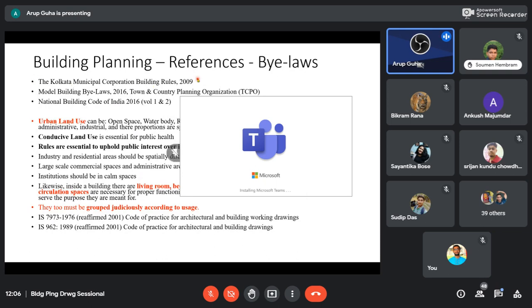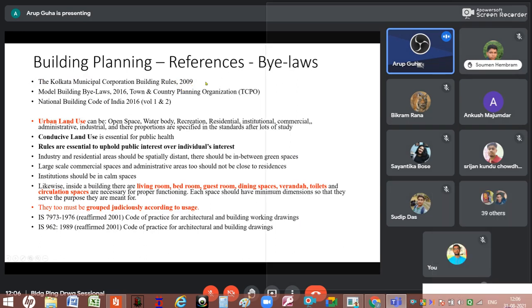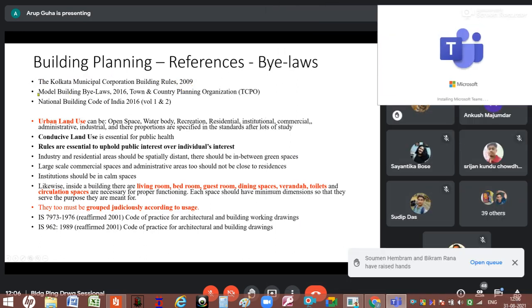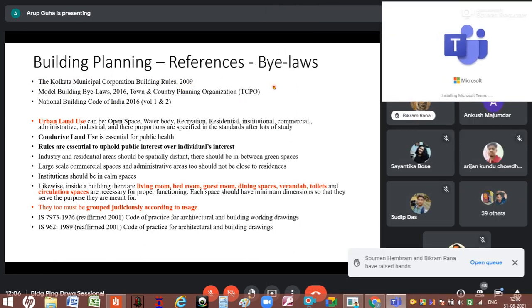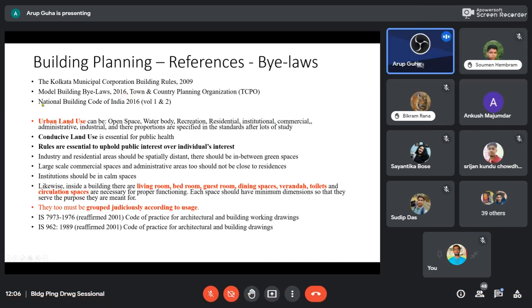This is a freely downloadable law, so if you search for KMC building rules on the net, you will get it. Likewise TCPO, Town and Country Planning Organization, has some laws, which are once again downloadable. The National Building Code is probably a 4,000 page document, with everything covered regarding civil engineering.